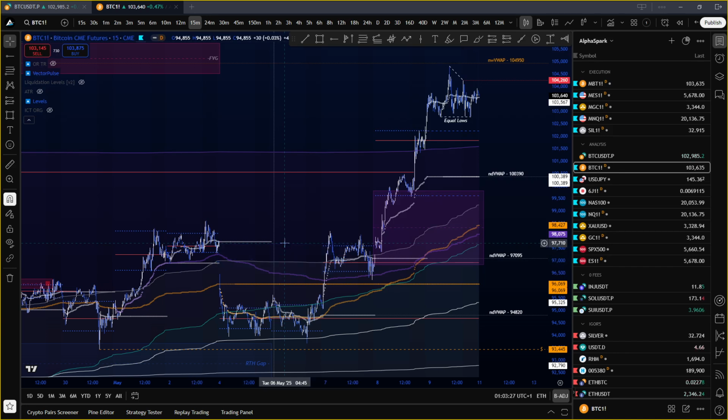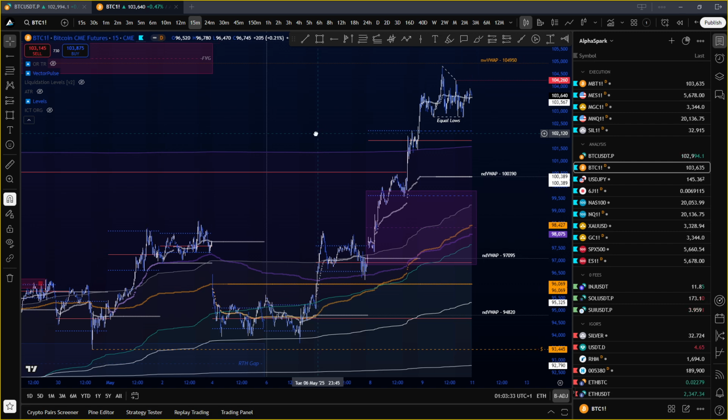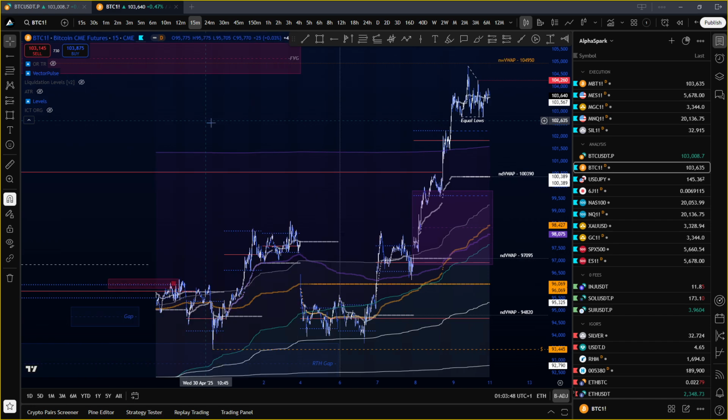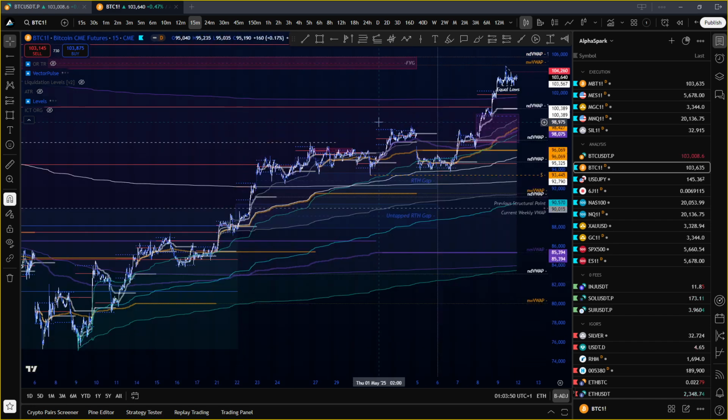It would be nice also if we start dropping during the weekend, because if we do, then we're going to have a CME gap to fill to the upside, which can then take us to higher levels. But man, I'm really glad about this analysis that we did.